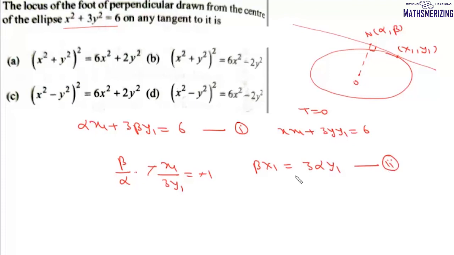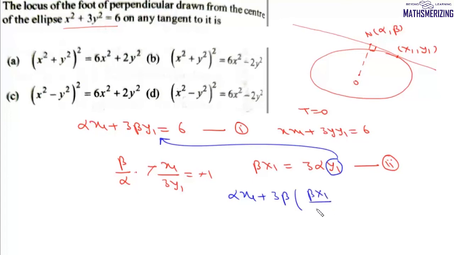Now from these two equations, we'll find the value of x1 and y1. So what we'll do is, we'll eliminate y1. We'll put the value of y1 here, so we'll get alpha x1 plus 3 beta, and then y1 will be beta x1 upon 3 alpha, and it is equal to 6.